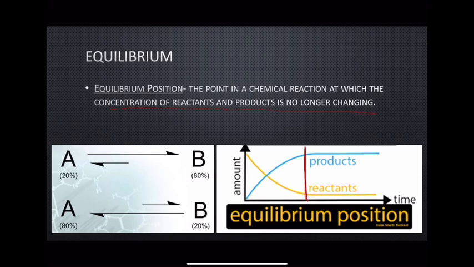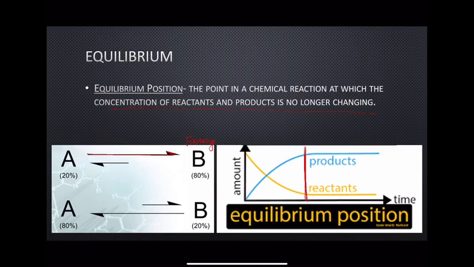Sometimes the reaction is proceeding in the reverse direction more. And so that's what we see here in this first picture. In this first picture, we use the term favoring. It is favoring the formation of B, okay? 80% of it is being converted to B, only 20% to A, all right?